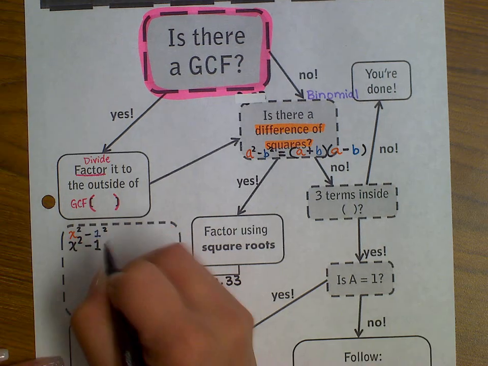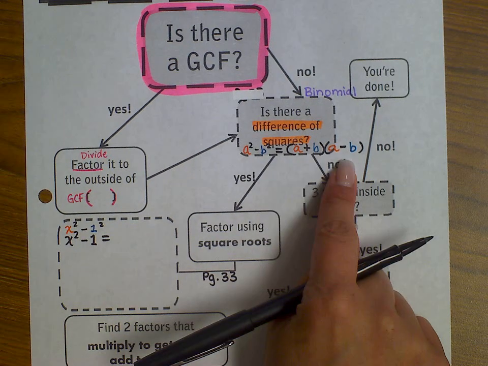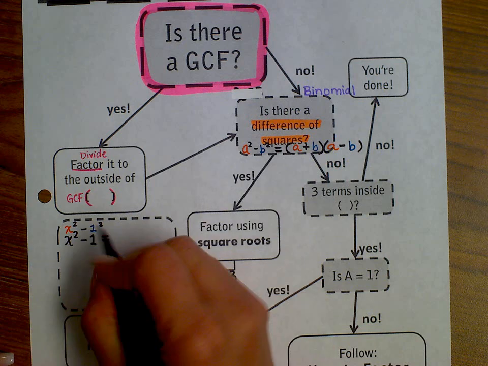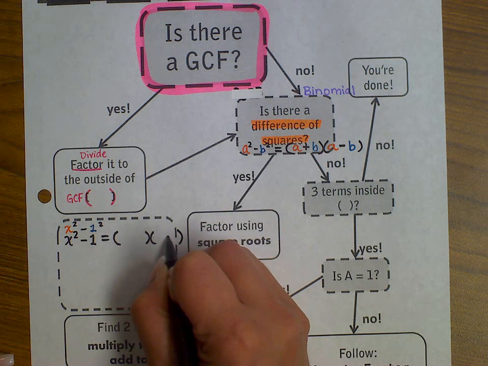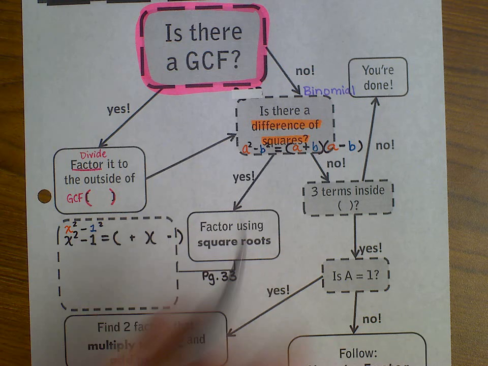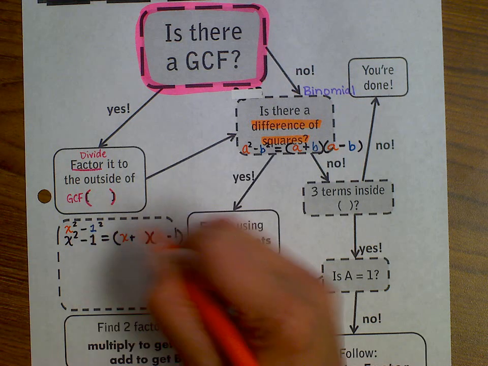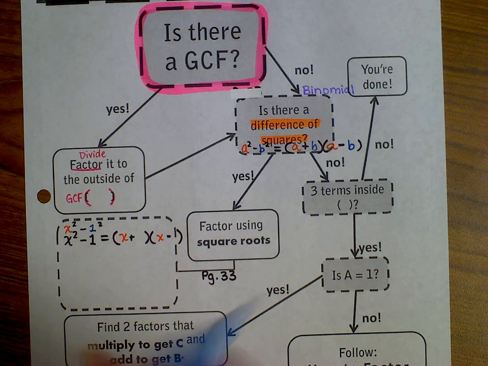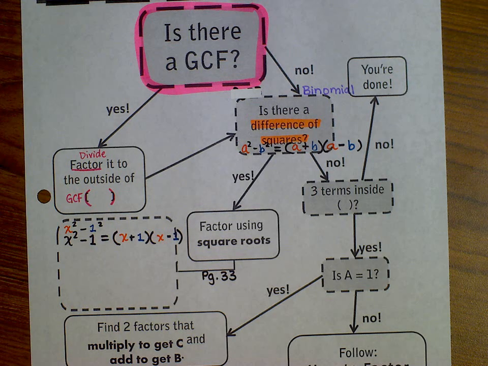Okay, so now I know that I should have two sets of parentheses, a plus sign in one of them and a minus sign in the other, so I'm just going to set it up. Minus and a plus. All right, so what do I write? X plus 1 and x minus 1. That is absolutely correct. And I'm going to box it.